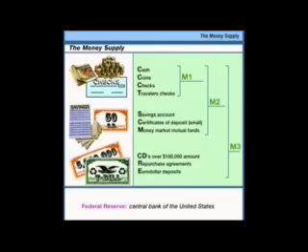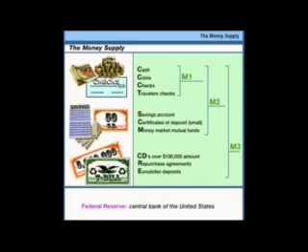So M3 includes everything that's in M2 as well as larger CDs, that is CDs in amounts over $100,000, repurchase agreements, the money market mutual fund shares that are held by businesses and pension funds, insurance companies, and other financial institutions, as well as Eurodollar deposits, that is money that's held in overseas branches of U.S. banks. Put that all together with the savings accounts and small CDs and the currency, coins, and traveler's checks, and you've got M3. M3 is the broadest measure of money that the Fed watches.